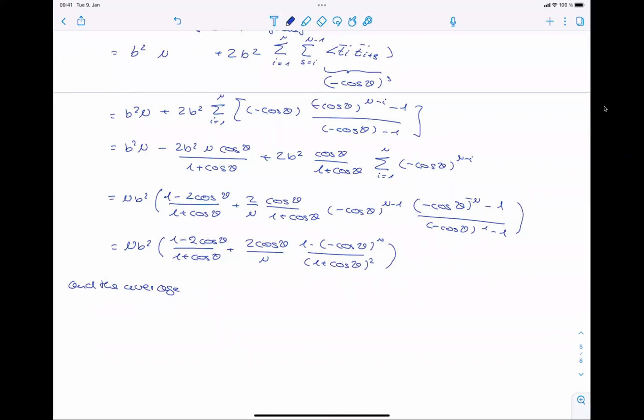And the average projection of R along the first tangent T1, sorry, is then looking at R dot T1.